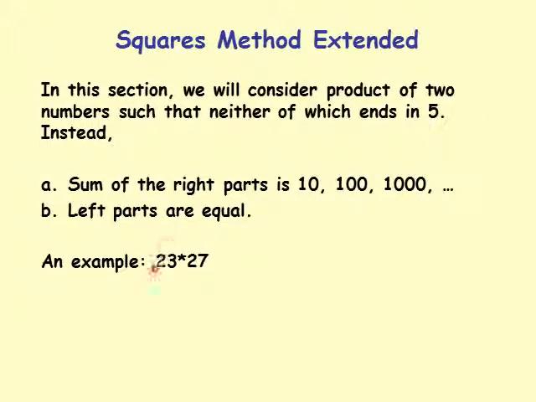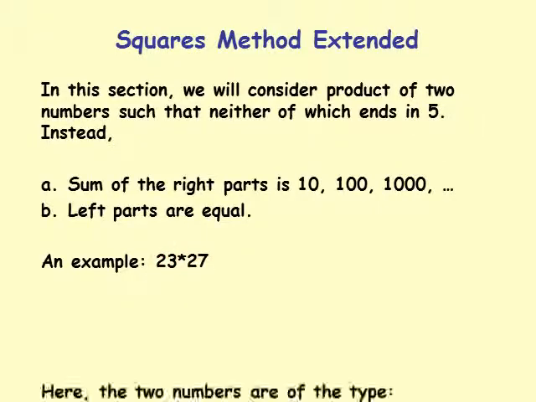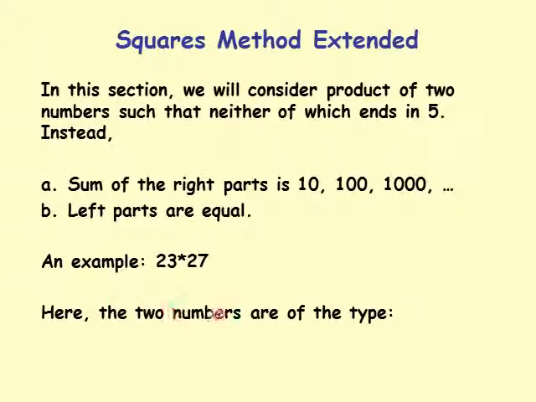So we are not doing a square, but we are trying to use the same method, which is by one more than one before. Here two numbers of this type are 10a plus n, and this is one number. Another is 10a plus 10 minus n. So n and 10 minus n add up to 10, which is one of the base numbers here.